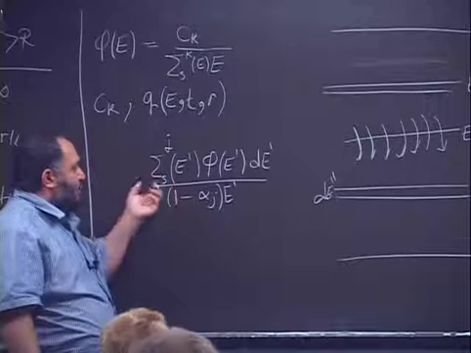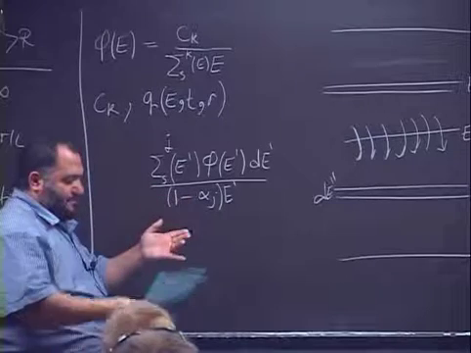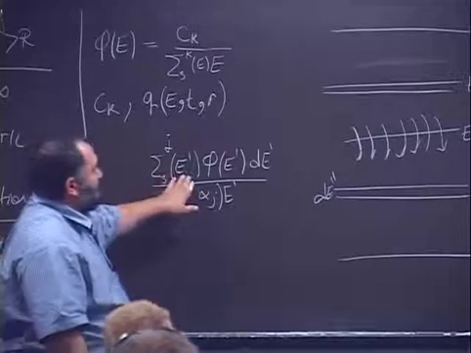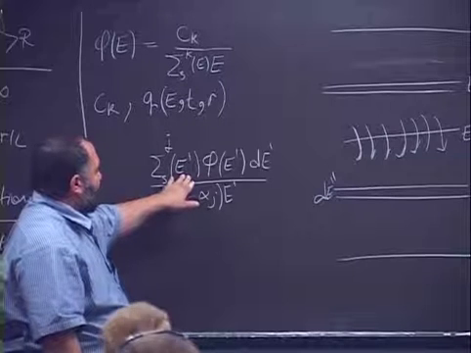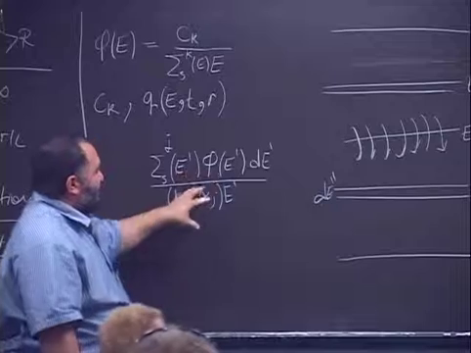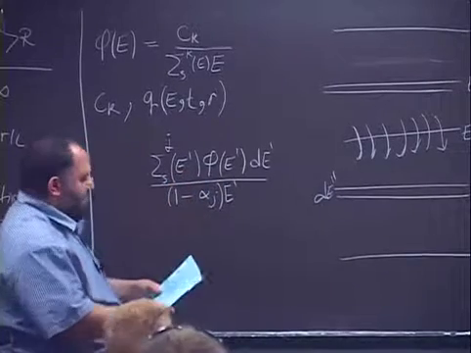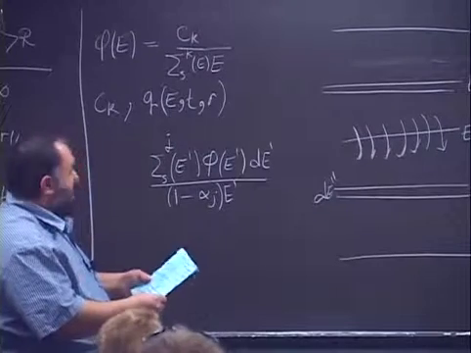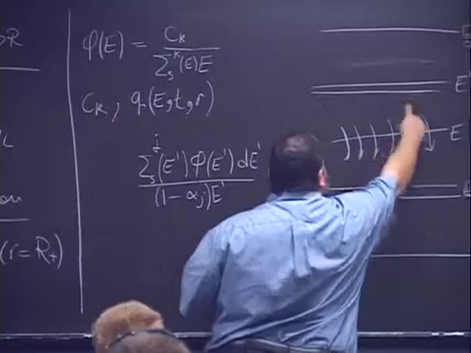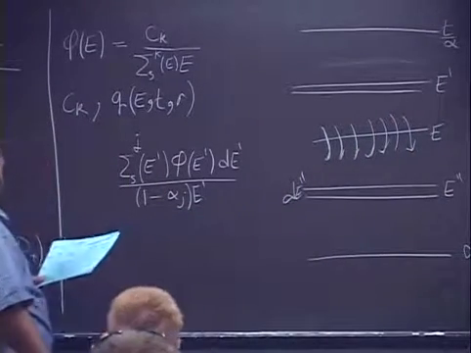This is the total number of neutrons, total number of neutrons what? That will do collision at what energy? E prime. This is the number of collisions at E prime multiplied by the probability that they will go from E prime to, let's assume, E double prime here. Okay guys?